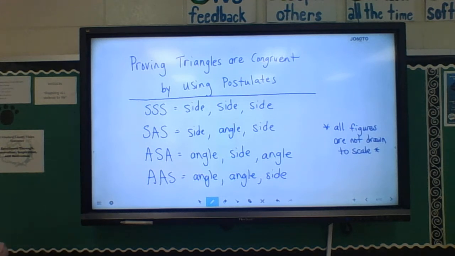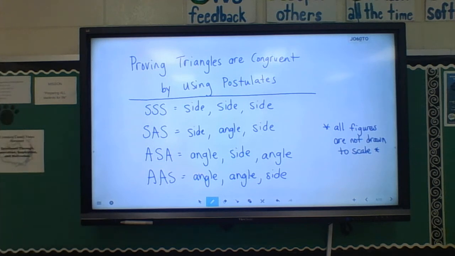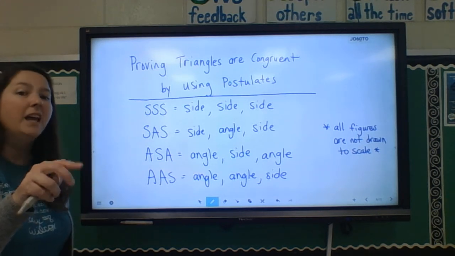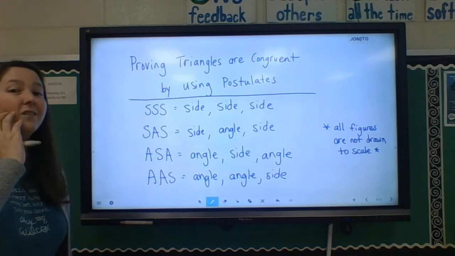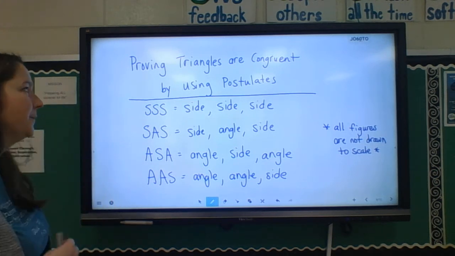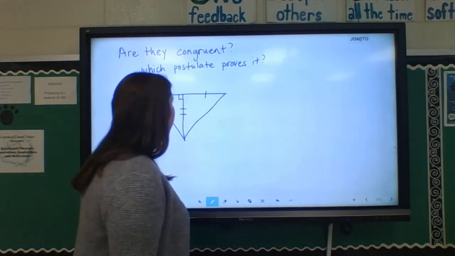I'm putting it out there. They're not drawn to scale. So if I say that that's a 90-degree angle because of that box, it's a 90-degree angle, even though it may not look or measure 90 degrees. But we're going to claim it. You can pause at any time and copy.